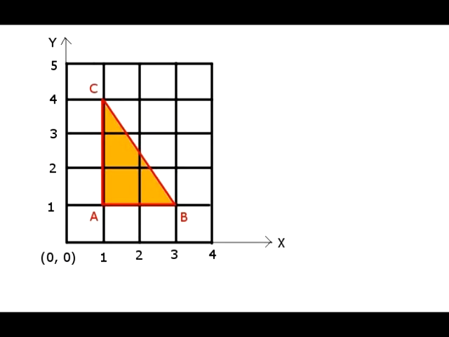We must consider all the right triangles, like the one shown on the diagram, whose three vertices can be any points of intersection of grid lines shown on this diagram, except the origin of coordinates 0, 0.